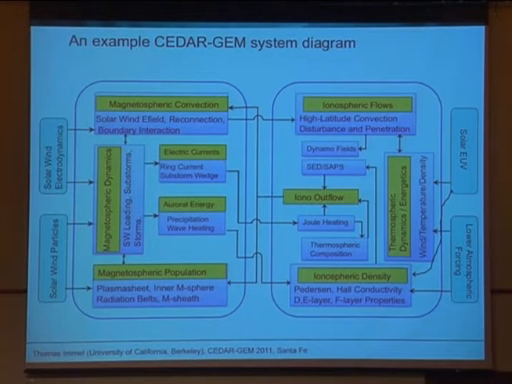But if you settle on one thing that you find very important and want to focus upon, you can actually get from here to there. What I've tried to take was Brotherton's approach of having three boxes: magnetospheric convection, magnetospheric particle populations, magnetospheric dynamics, compared to thermospheric dynamics, ionospheric density, and ionospheric flow.